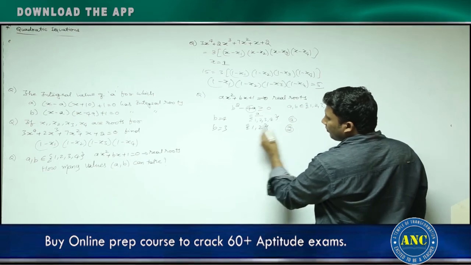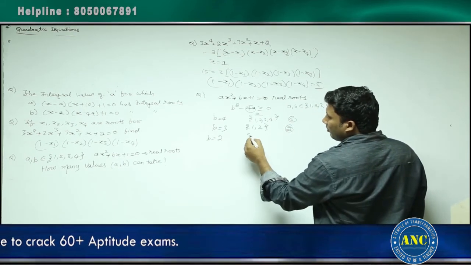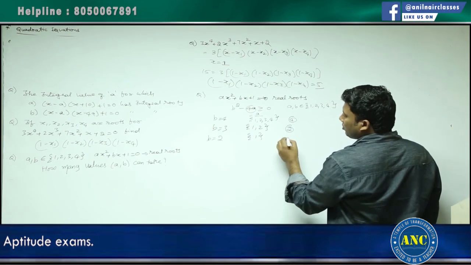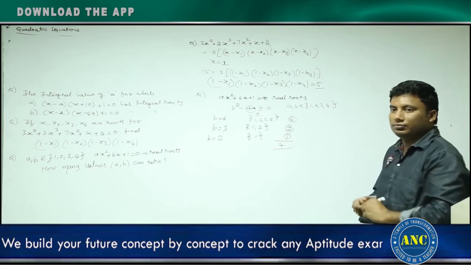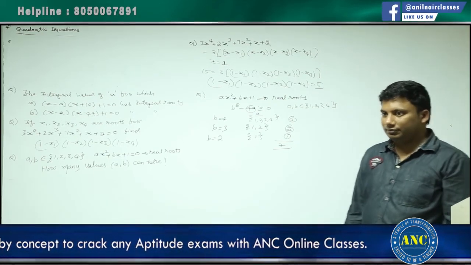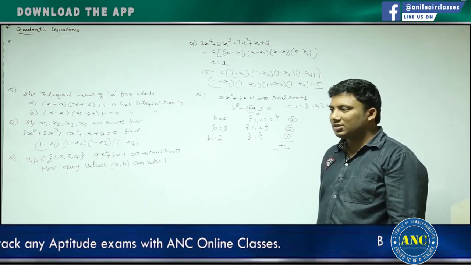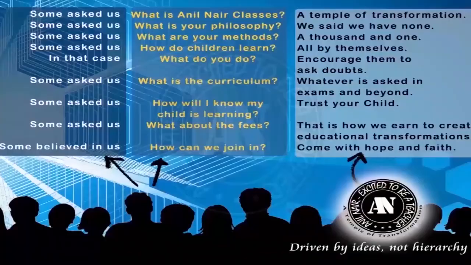These two. b is 2. a value will be 1. 4 plus 2 plus 1. Total how many values? 7. Answer is 7. Right? Please go through these 5 problems.